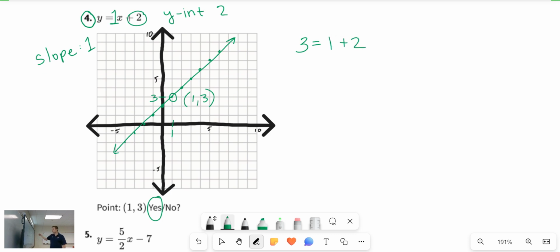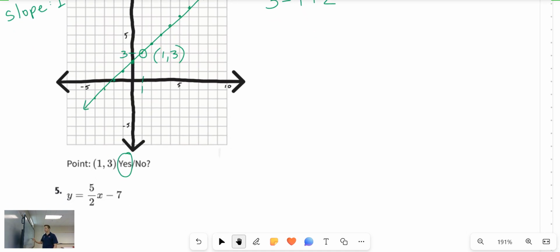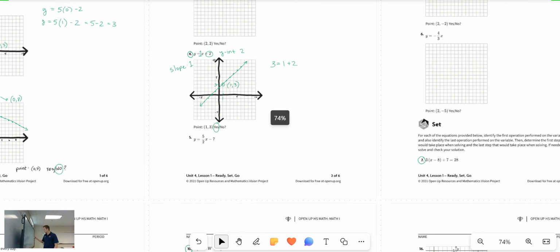If this is true, then the answer is yes, the point (1, 3) will be on the line. But if this is not true, then it won't be. And since 3 is equal to 1 plus 2, then yes, we know the point will be on the line. So there's an algebraic way shown on the right, and a visual way on the left. Both ways confirm that yes, the point (1, 3) is on the line.